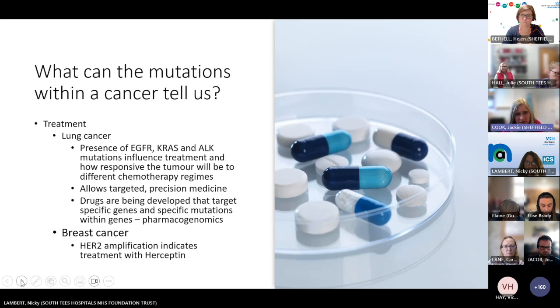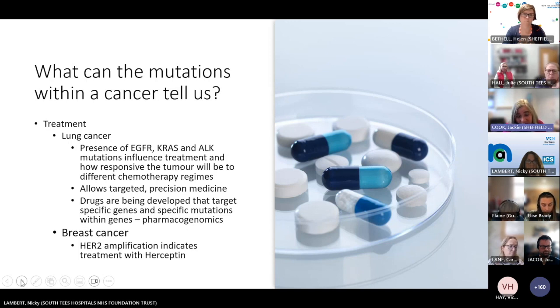So a lot of these treatments are now going through NICE for approval. And these drugs are given when you know that a cancer cell contains a specific change. And it's a branch of pharmacy that's known as pharmacogenomics, expanding rapidly.